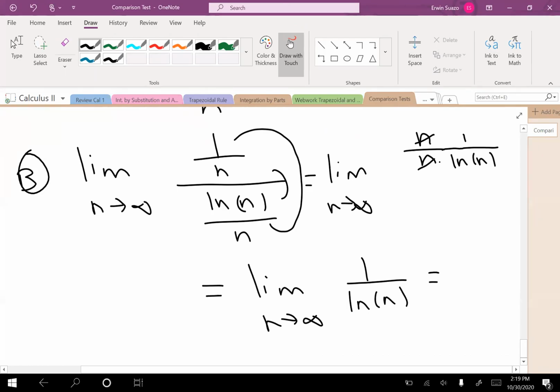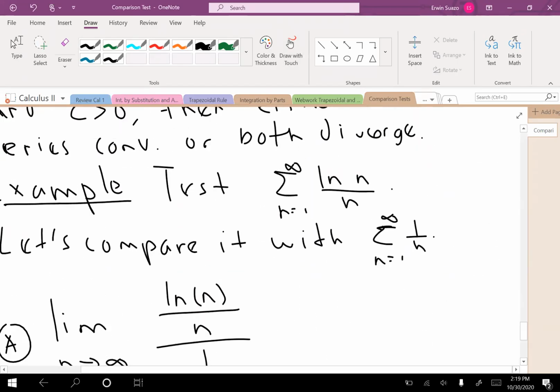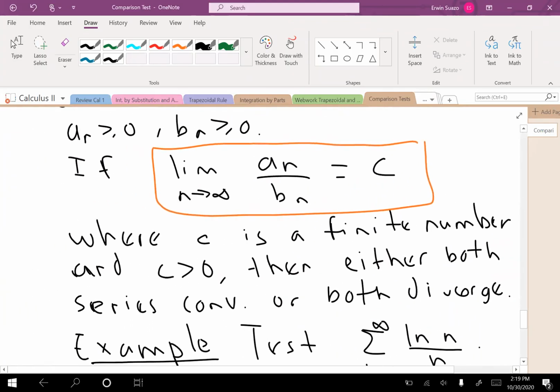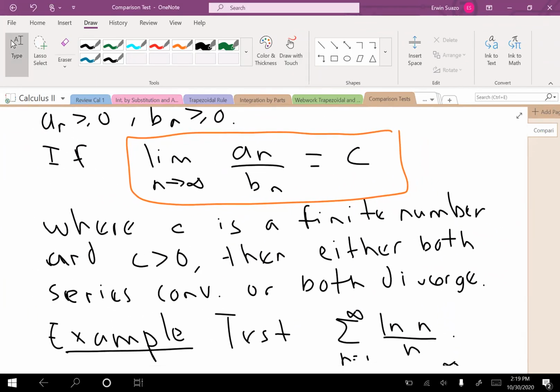And what is this limit? This limit is 0. But you have to be careful, because they're saying here c must be bigger than 0.